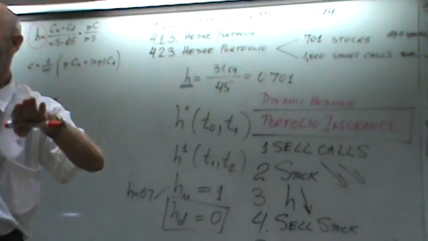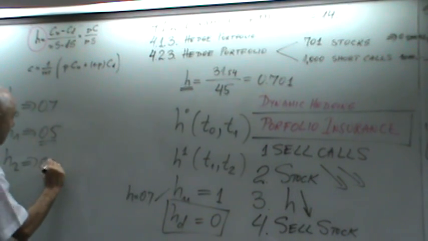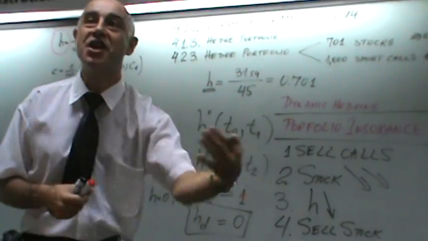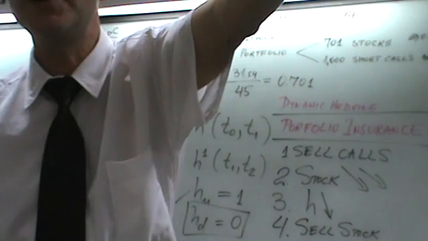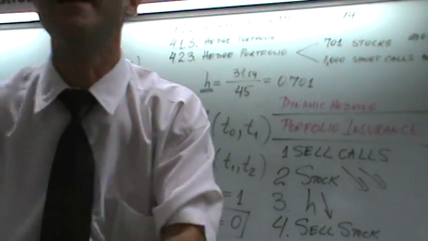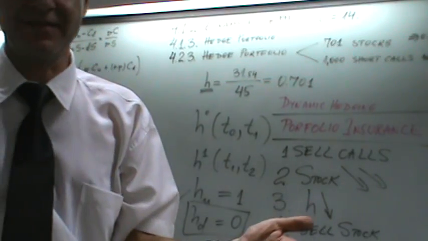And as the stocks go down further, you say, oh my God, 0.5 is not good enough. As the stock goes down, now you gotta say H2 is equal to 0.3. Now you sell 200 shares again, and everybody sells again, and that slams the stock down again.